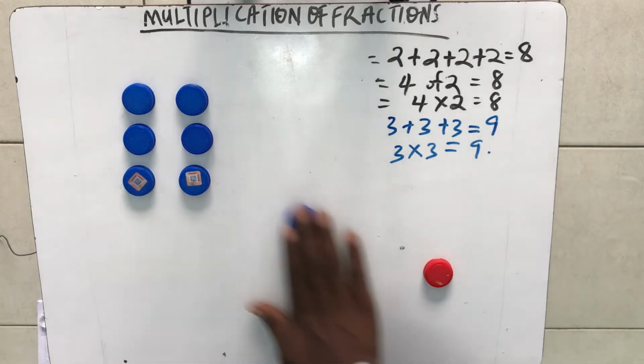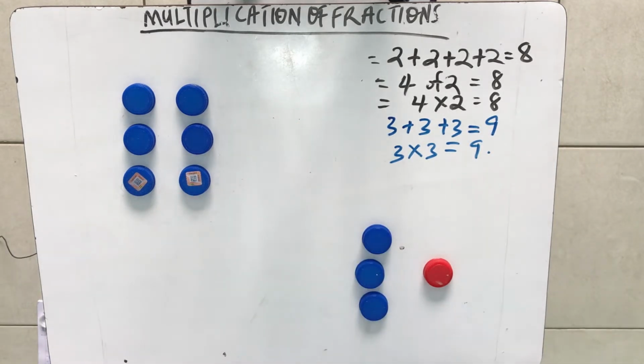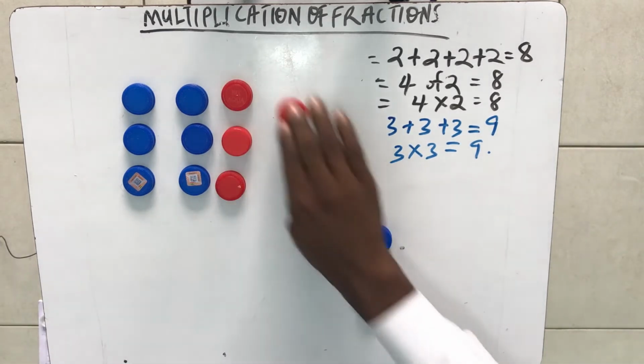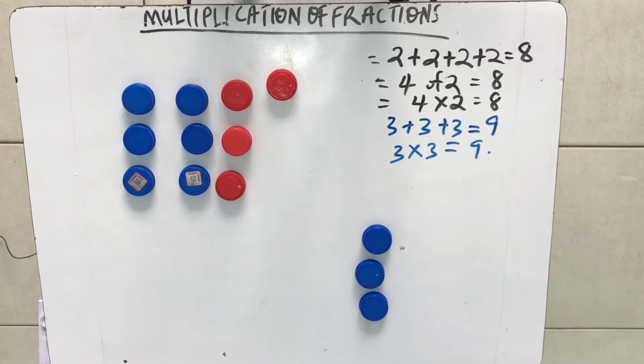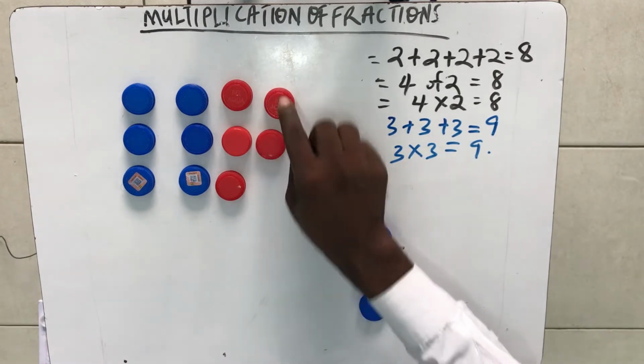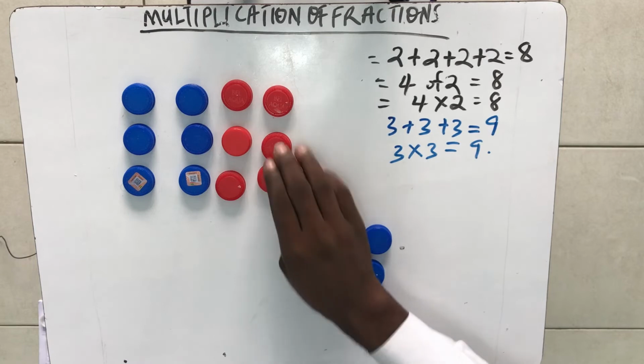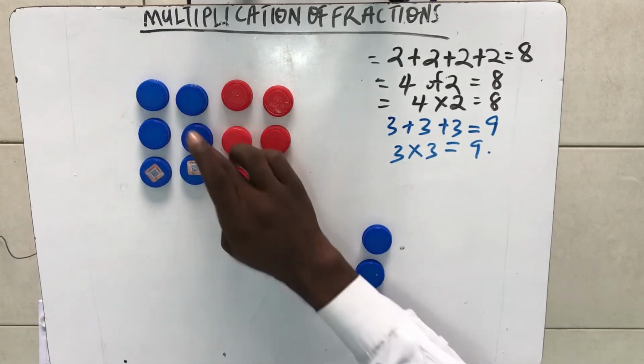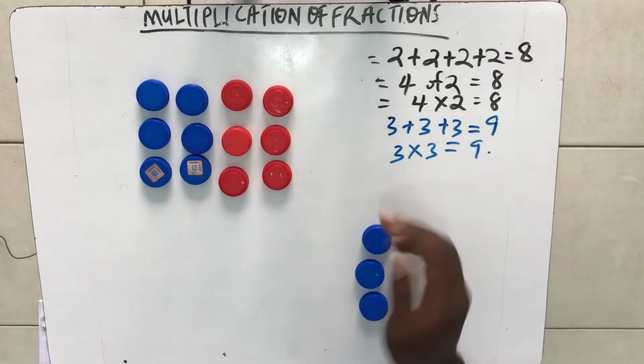What if we add another set this way? 1, 2, 3, and another 1, 2, 3. Right now we have 1, 2, 3, 4, 5, 6, 7, 8, 9, 10, 11, 12.